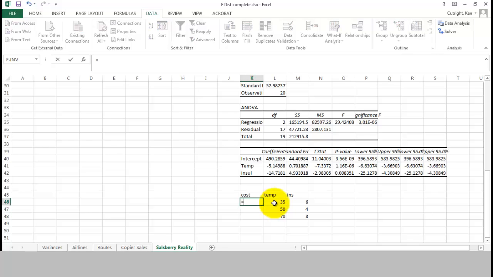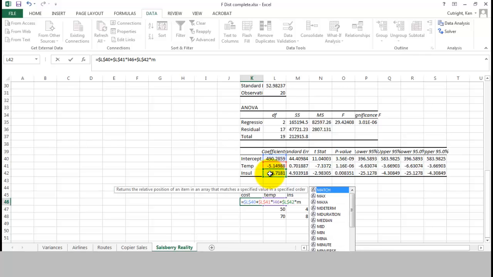So we're going to have equals, the intercept must be absolute, plus the coefficient for temperature, got to be absolute, multiplied by the temperature, which was in cell L46, plus the coefficient for insulation, and that must be absolute, multiplied by M46.